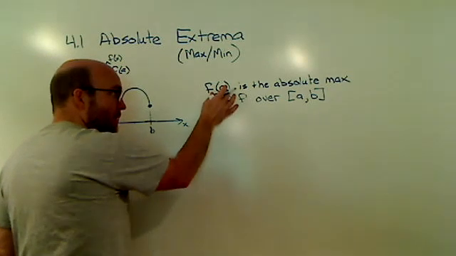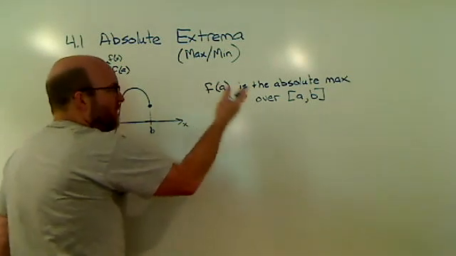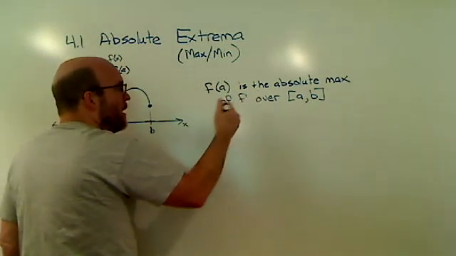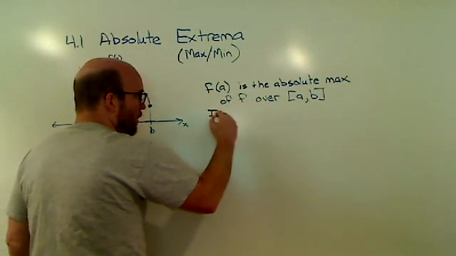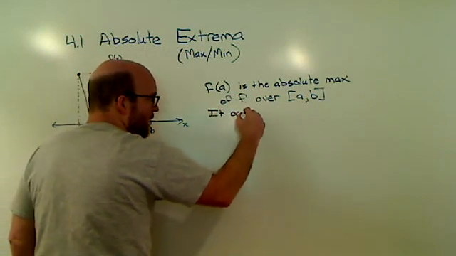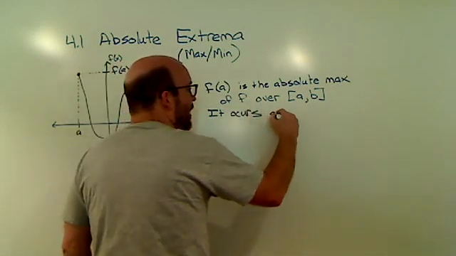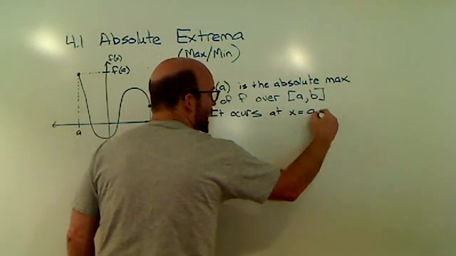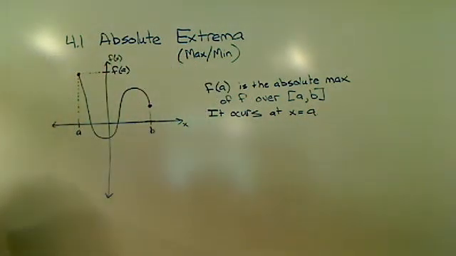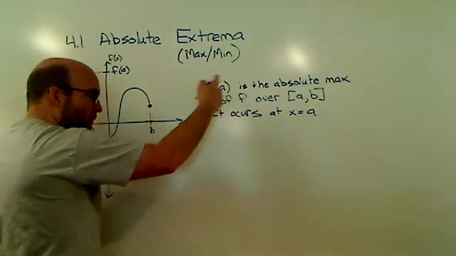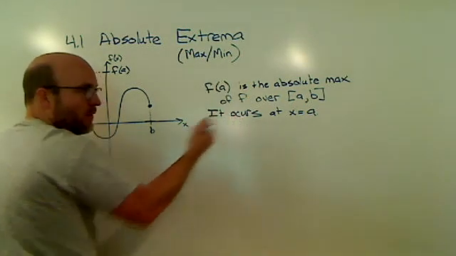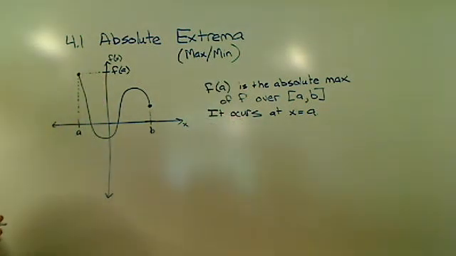And if you're not given that notation, you would say, say 13 is the absolute maximum. You would want to go ahead and expand on that and say that that occurs at x equals a. And so there's kind of two different ideas there. We want to know what the actual absolute maximum is. We oftentimes want to know where it's actually happening.